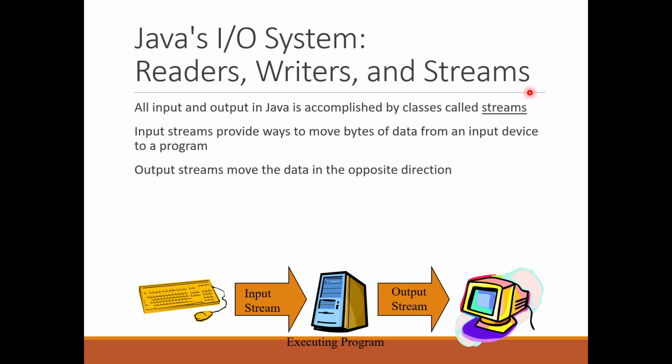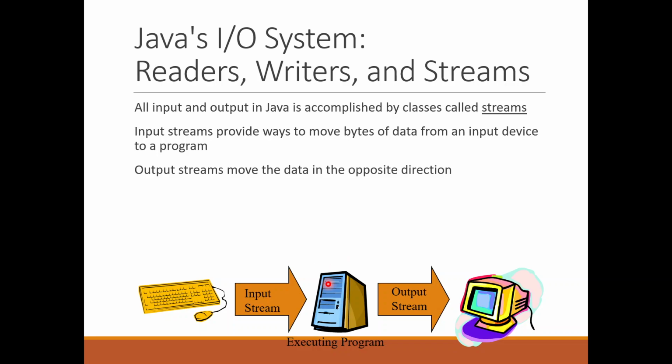So what is the role of the input stream? The input stream provides a way to move the data from the input device to the program, and it moves the data based on bytes. So byte is the unit of moving the data, right? What the input stream does is simply get the data from the input device and move that byte of data to the program.